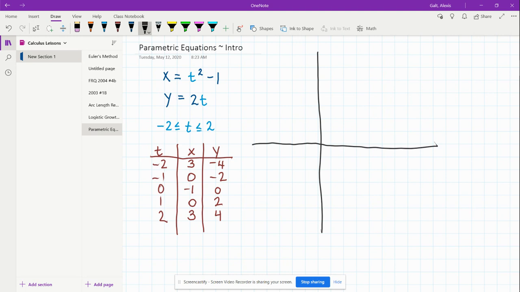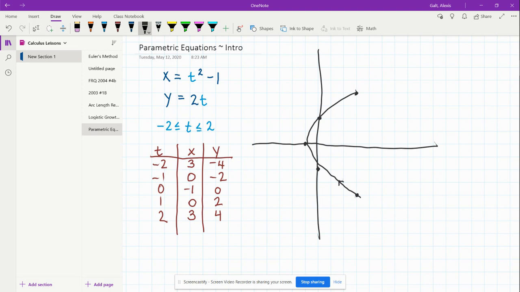So we're just going to plot those points. 3, -4, 0, -2, -1, 0, 0, 2, 3, 4. So the shape of the path that my particle takes is kind of a sideways parabola.